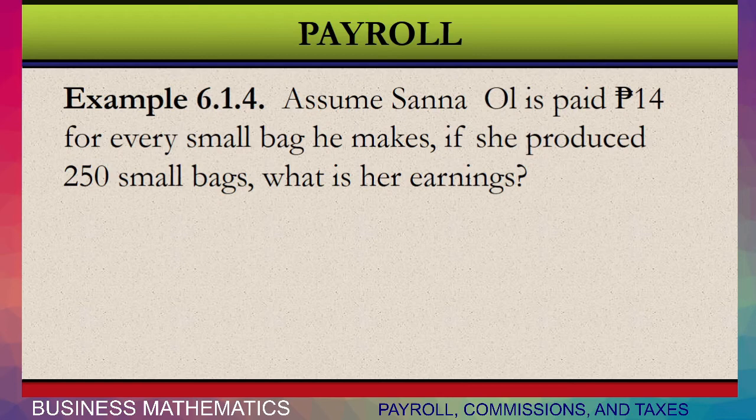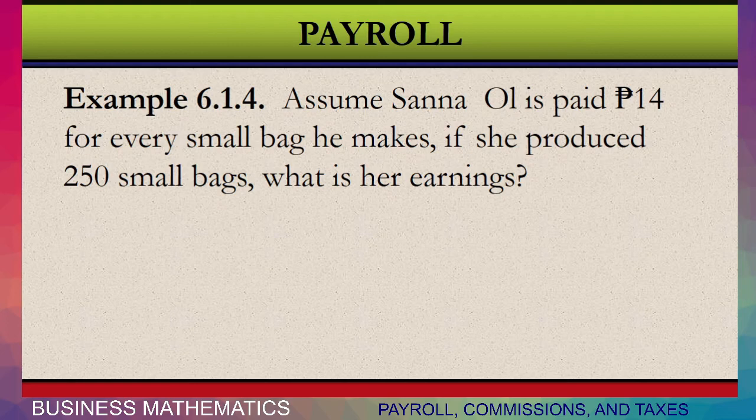Since binabayaran siya sa bawat produce niya ng small bags, ang gagamitin nating formula for this example will be yung pag-compute ng total earnings. So, total earnings will equal total number of items produced times rate per piece. Since yung kanyang sahod ay nakadepende sa bags na mapoproduce niya.